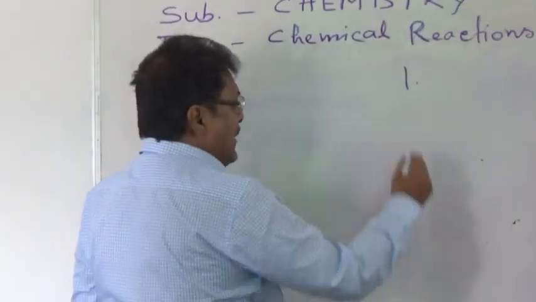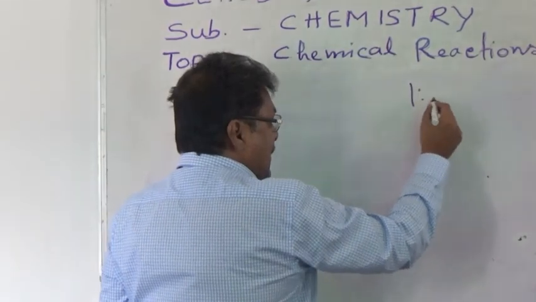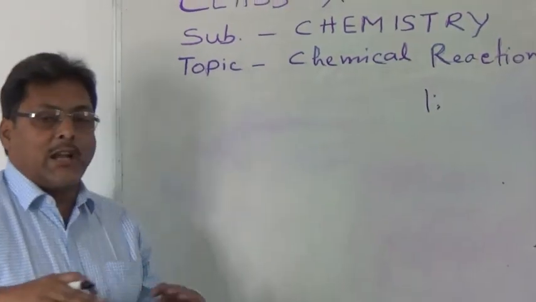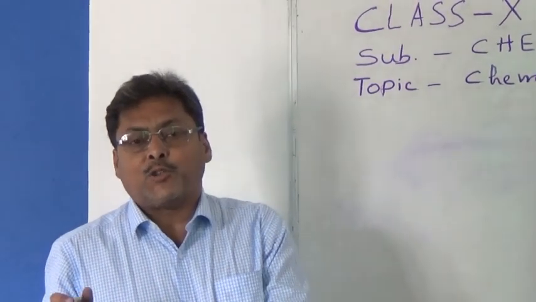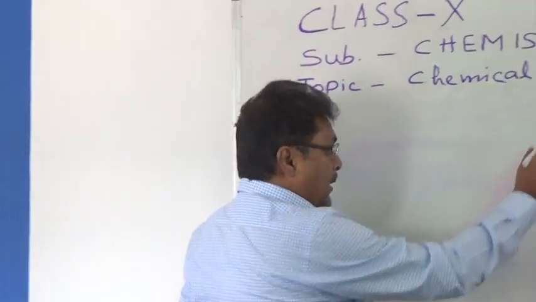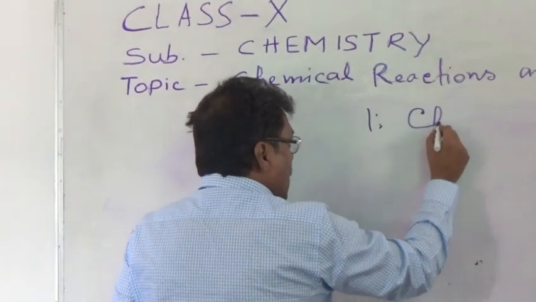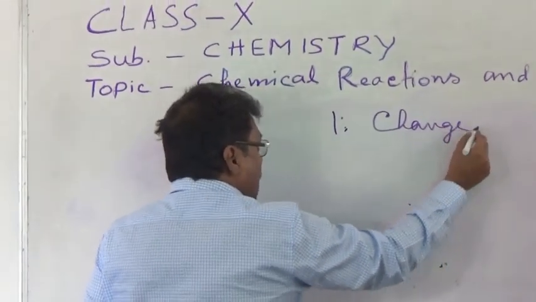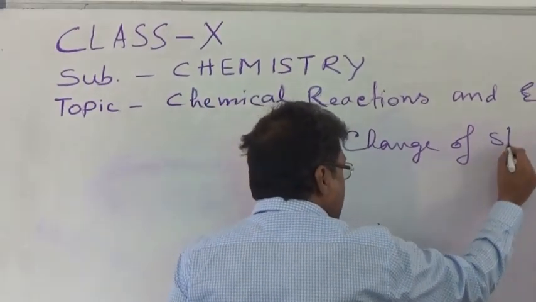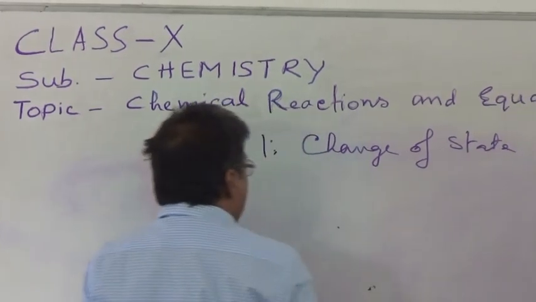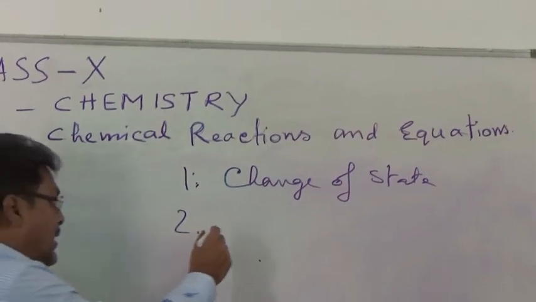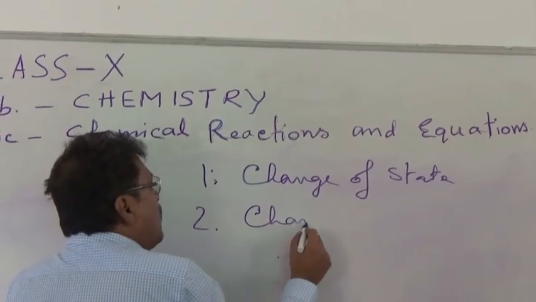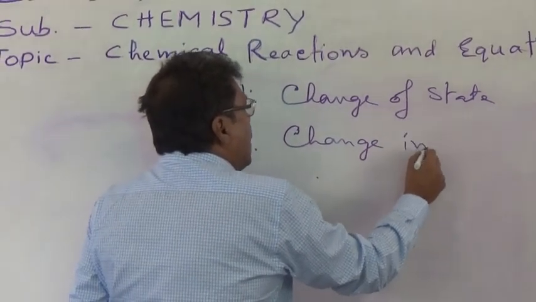The characteristics of chemical changes. Which characteristics will tell us that a chemical reaction is taking place? There will be a change of state. There may be a change in color.